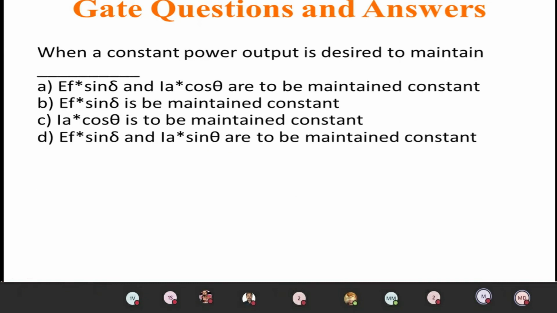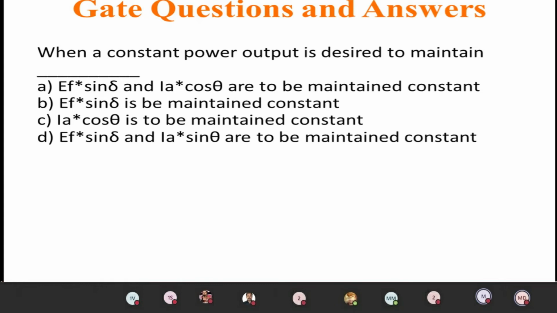When constant power output is to be maintained, EF sin del and Ia cos theta are to be maintained constant. Option B, EF sin del is to be maintained constant. Option C, Ia cos theta is to be maintained constant.